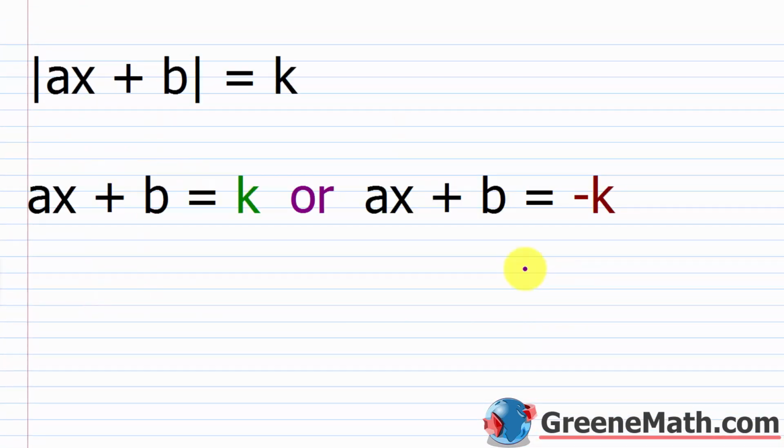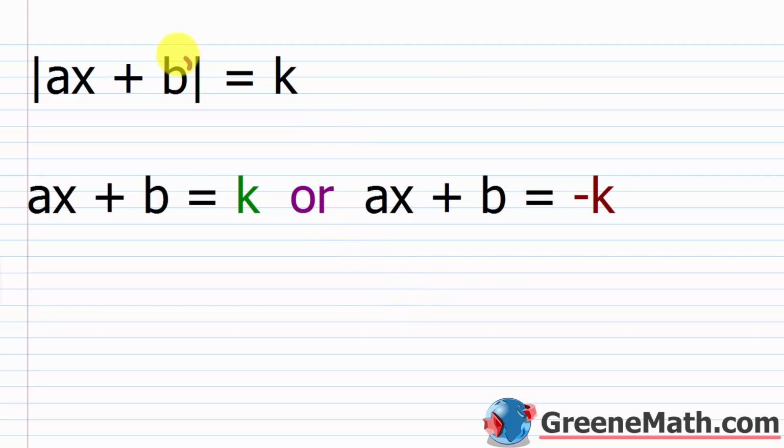Now, in most cases, we're not going to get something as simple as the absolute value of x equals some number. We're going to have the absolute value of an expression equal to some number, or later on we'll see things get more complicated than that. But essentially, if you have an equation in this format, with the absolute value operation isolated on one side, an algebraic expression inside of the absolute value bars, and it's equal to some non-negative number like k, then we can set up a compound equation with "or."